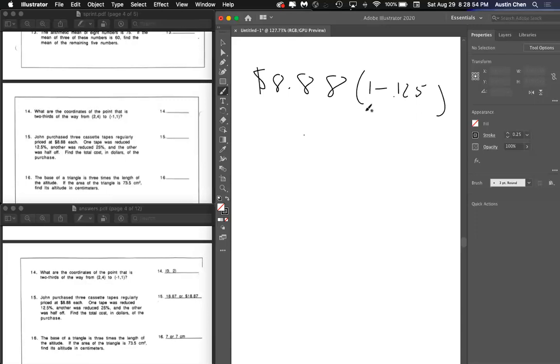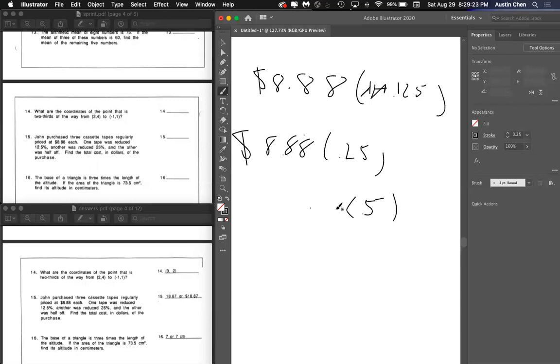But if you just want the reduced amount, the amount that you're taking away from the original, then you just multiply by 0.125, right? And if you wanted to find the amount you're taking away when you reduce by 25%, then you just multiply by 0.25, right? And the next one you also multiply by 0.5, right?